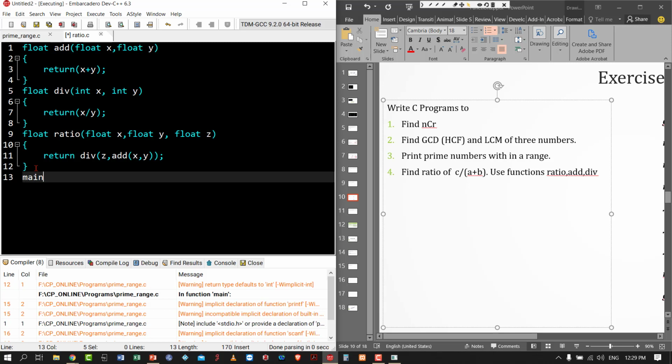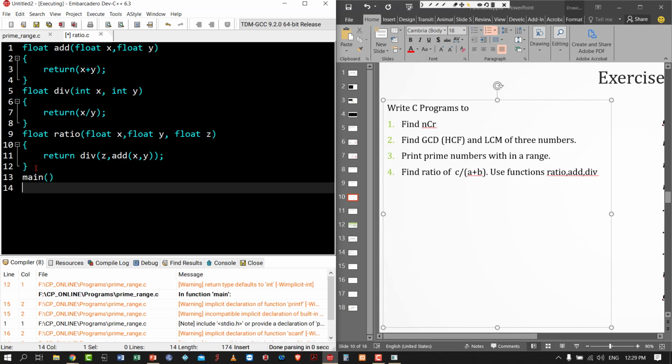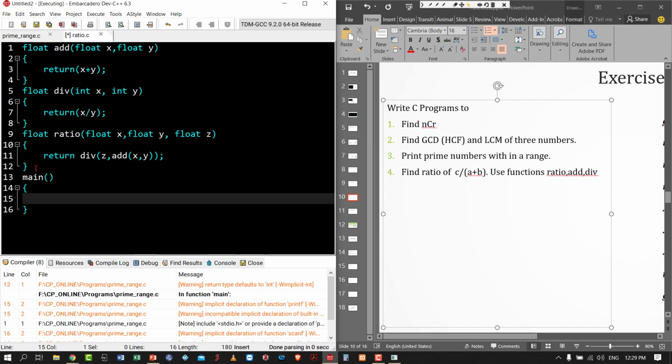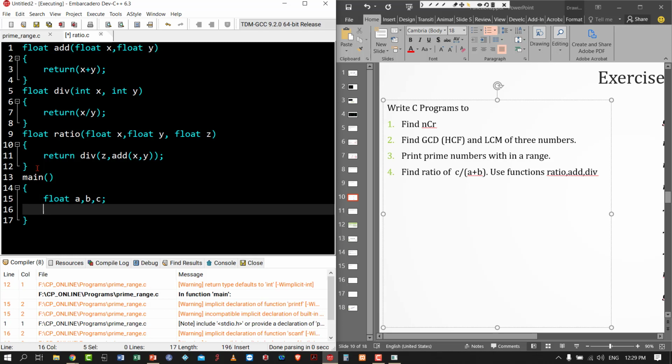So I'm writing the main function. I'm declaring 3 variables. Float a comma b comma c. Printf, enter values of a comma b comma c.